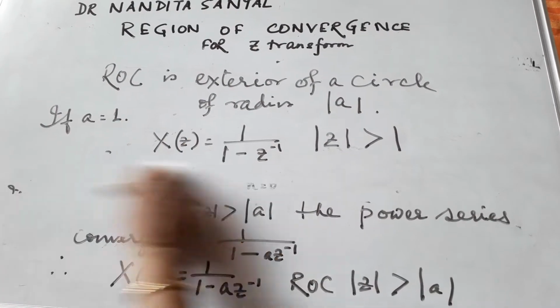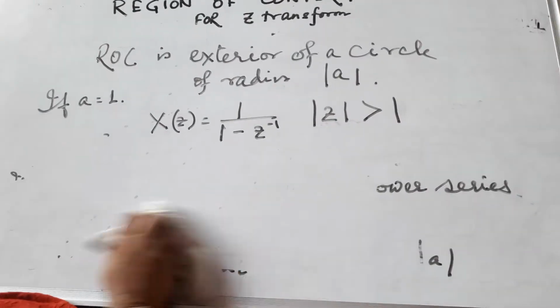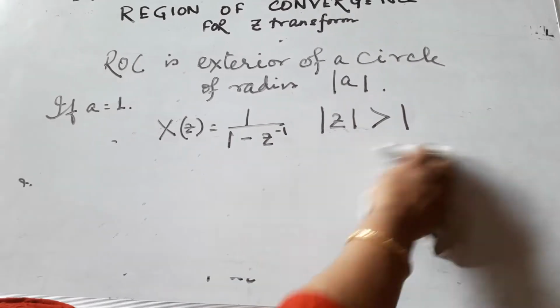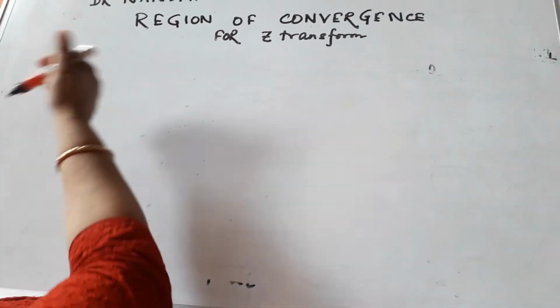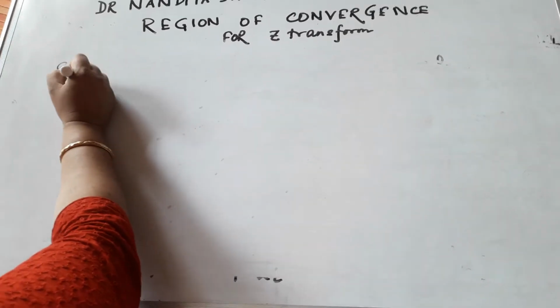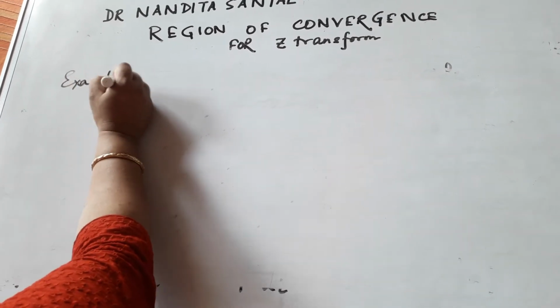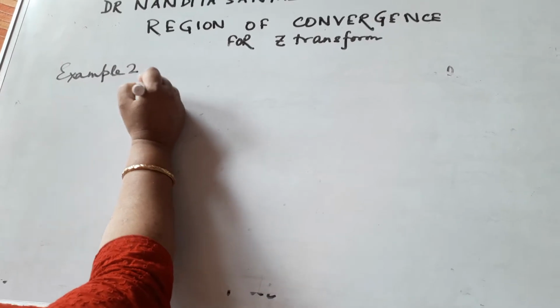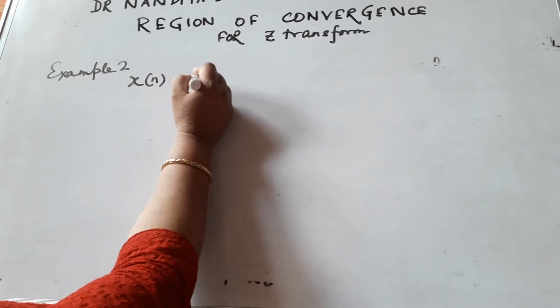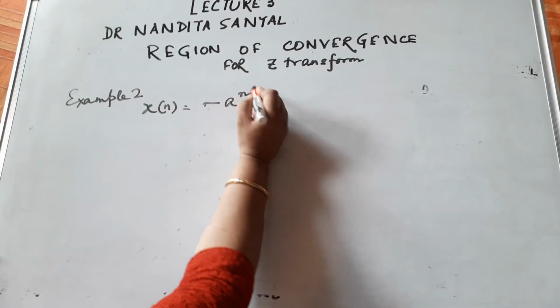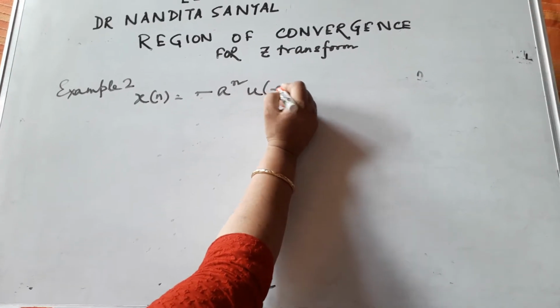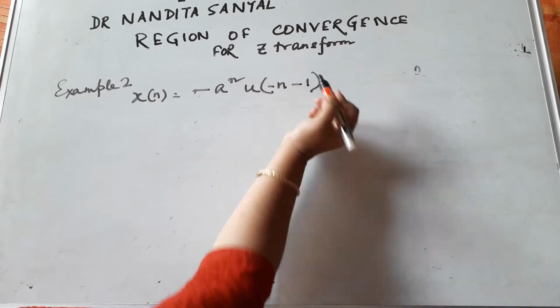Now let us come to the second example, example number 2, that is x(n) is equal to minus a to the power n u(minus n minus 1).